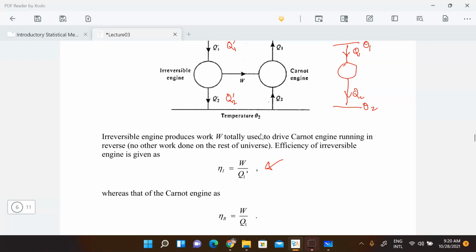Remember that this definition is coming from this picture. So you're comparing this picture of the reversible engine with this picture of the Carnot engine. But in this context, we have this whole system as a heat engine altogether. So you can have this composite heat engine.